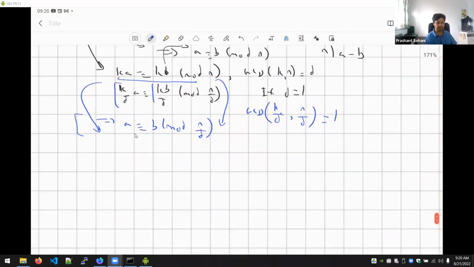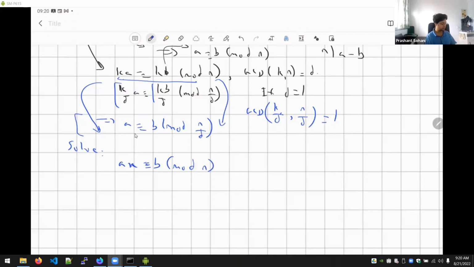Okay, and then we also looked at the general congruence equation. So you are trying to solve the general equation ax congruent to b modulo n. So we are trying to find all the solutions for this general equation.